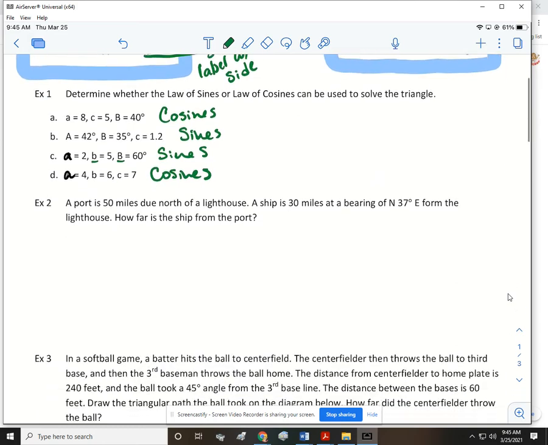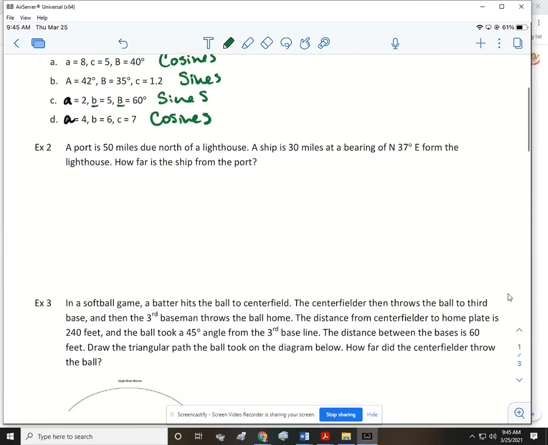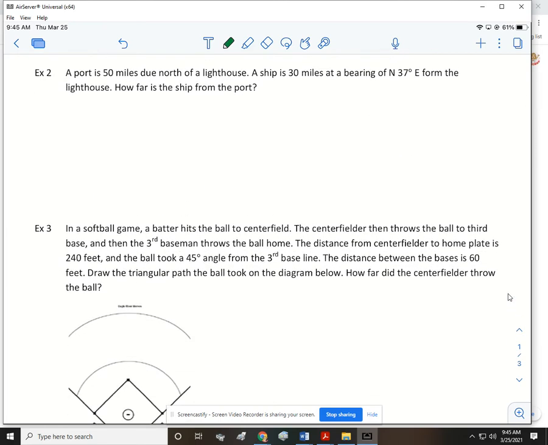Okay, so on our examples, we are going to apply one of the laws. For example 2, a port is 50 miles due north of a lighthouse. A ship is 30 miles at a bearing of north 37 degrees east from the lighthouse. How far is the ship from the port? The port is north of the lighthouse, so I'm going to put the lighthouse down at the bottom and the port directly north of that.